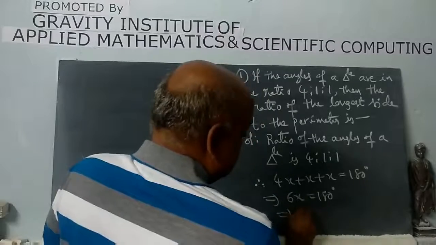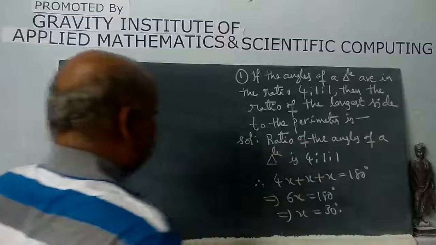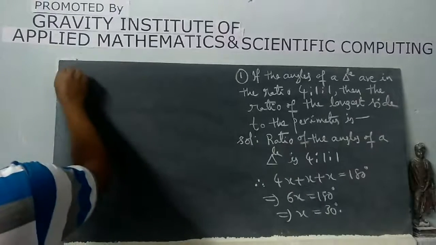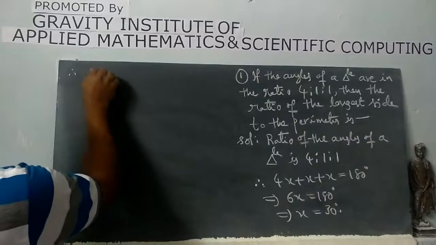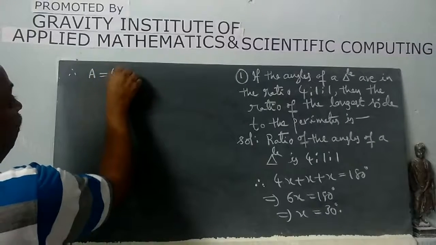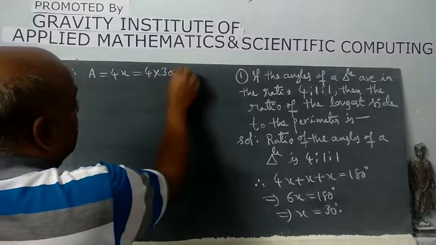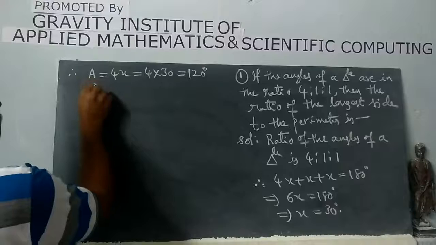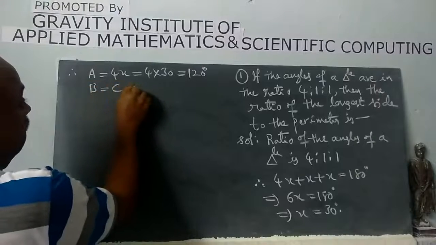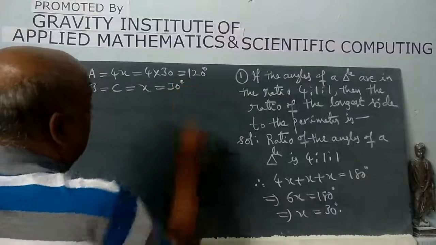This implies x is equal to 30 degrees. Therefore, angle A is equal to 4x, which is 4 into 30, which is 120 degrees, and B is equal to C is equal to x, which is equal to 30 degrees.